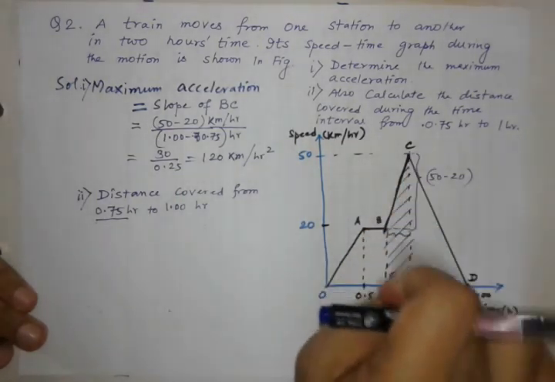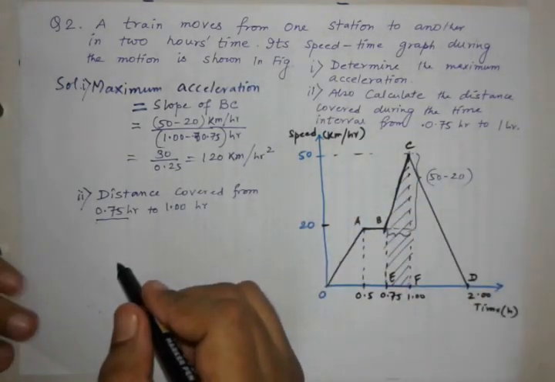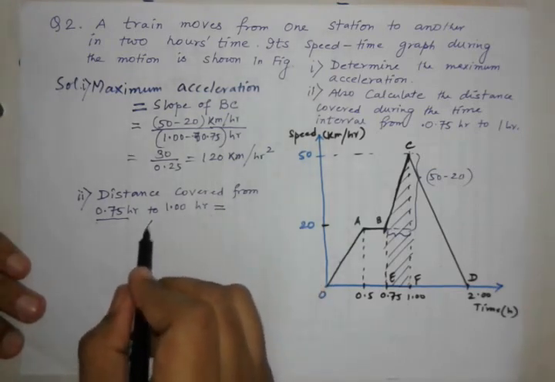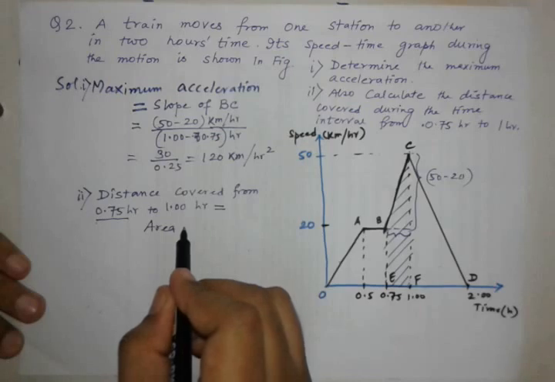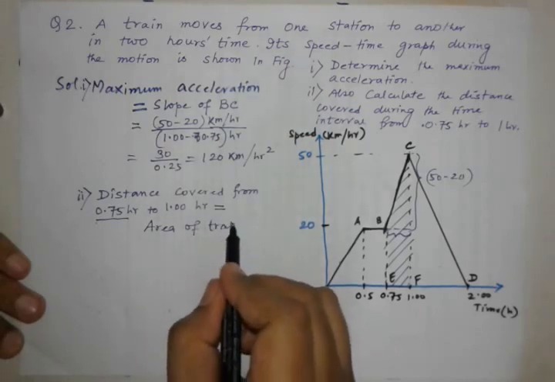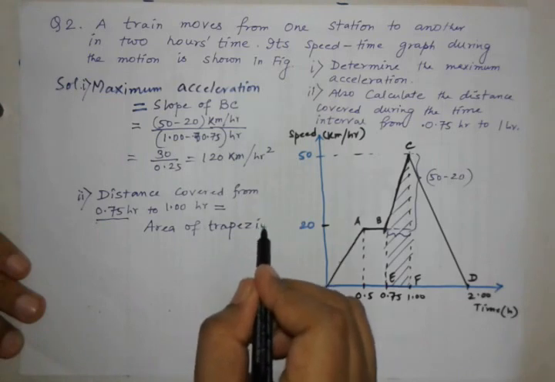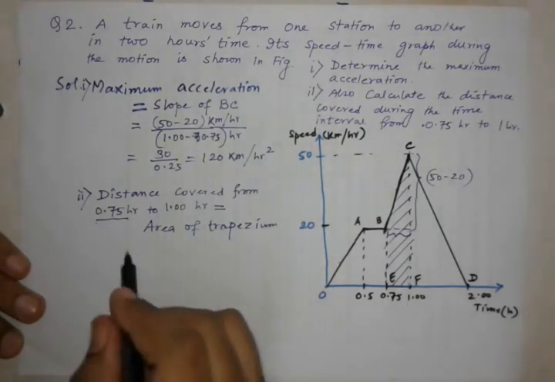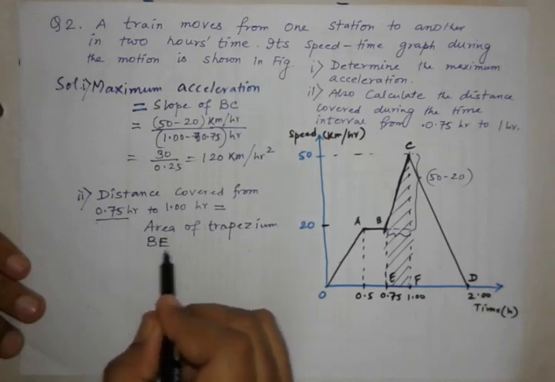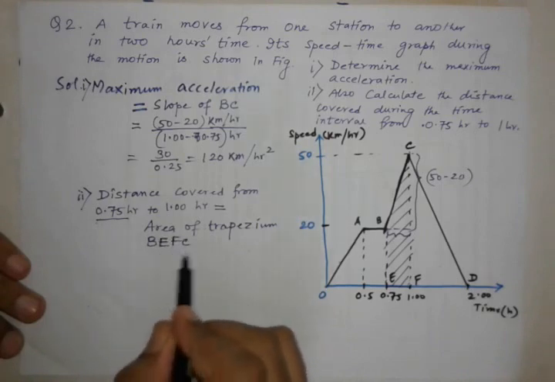Okay. So this is a trapezium. So you have to find out the area of the trapezium. Name of the trapezium is BEFC.